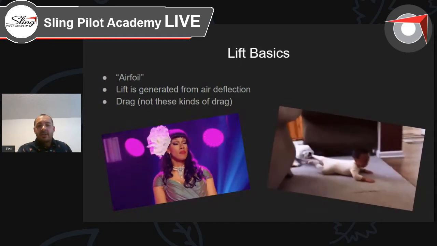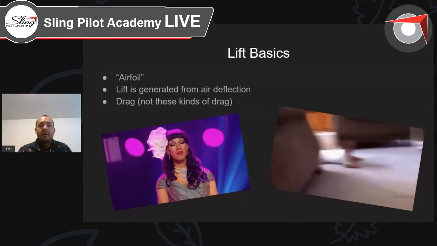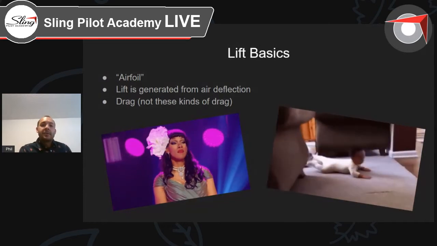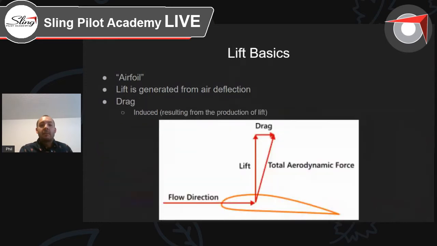With the production of lift, there is an inescapable detrimental force that we need to be aware of as we also talk about lift, and that is drag. So drag comes in two different flavors, and as we produce lift, we produce induced drag.